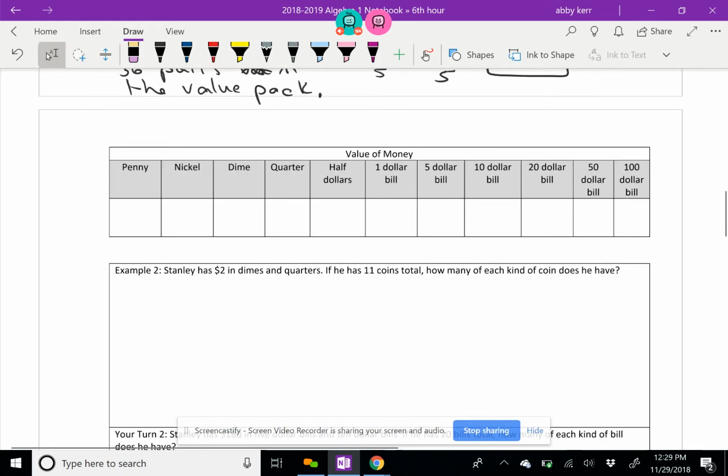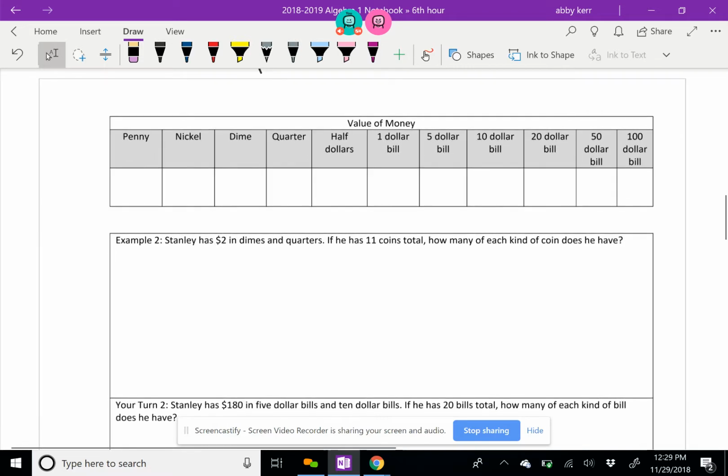So we're going to basically do the same thing for example 2 now. But students tend to find this a little more difficult because we're talking about value of money, which sometimes leads to decimals. So let's be careful here. The value of a penny is 0.01. The value of a nickel is 0.05.